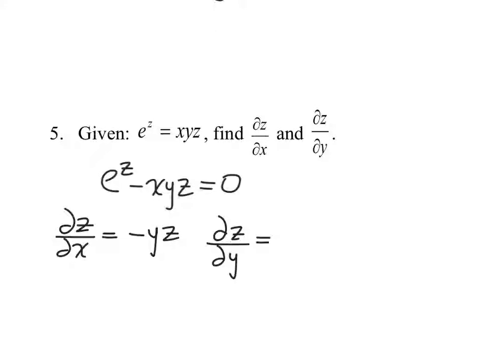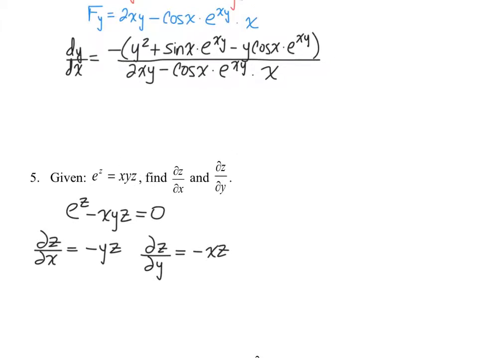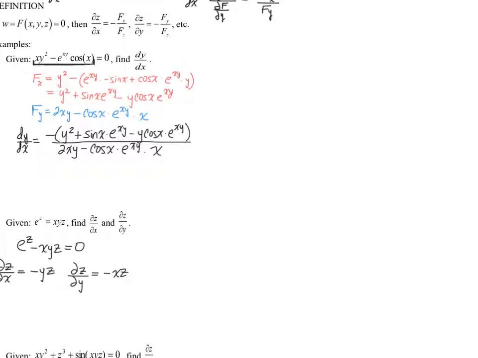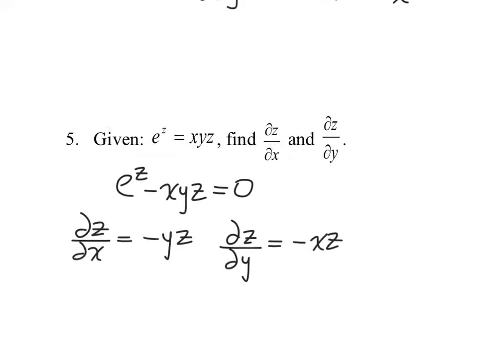With y, it's negative xz. And again, that relationship, it's the negative reciprocal. So your question is giving you the recipe to find your answer. So then I just need my partial with respect to z. Oh, sorry, I'm calling it partial z.